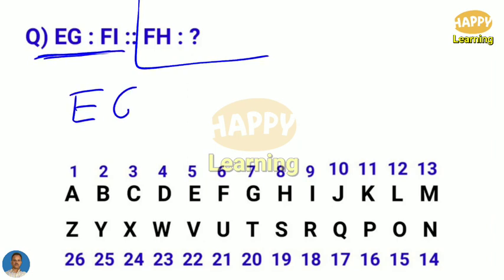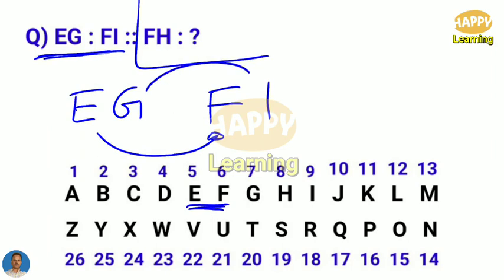E, G, F, I. What is the relation between E and F? The next letter of E in the alphabets, very next to E, you are getting F. And what is the relation between G and I? Between G and I, one letter is skipped.